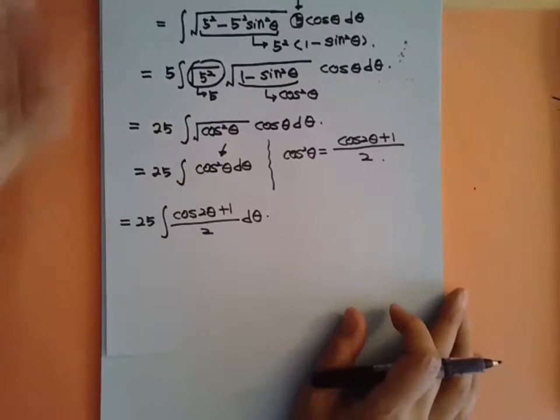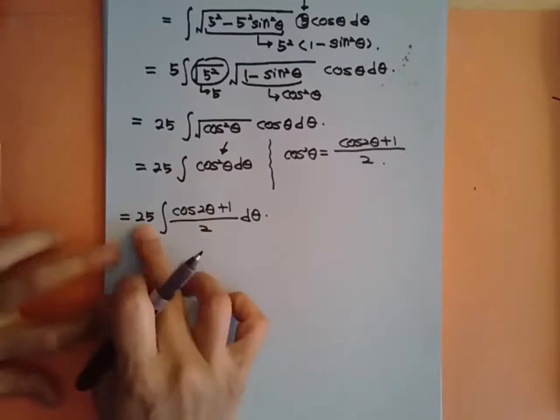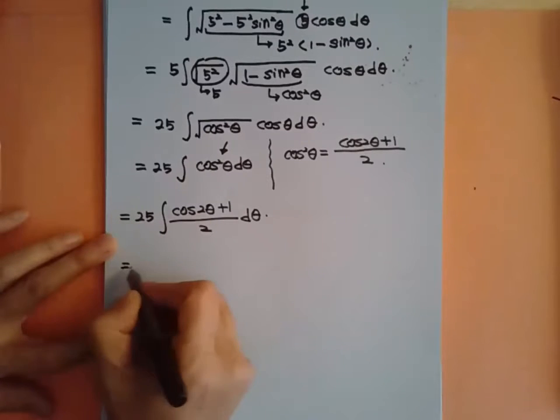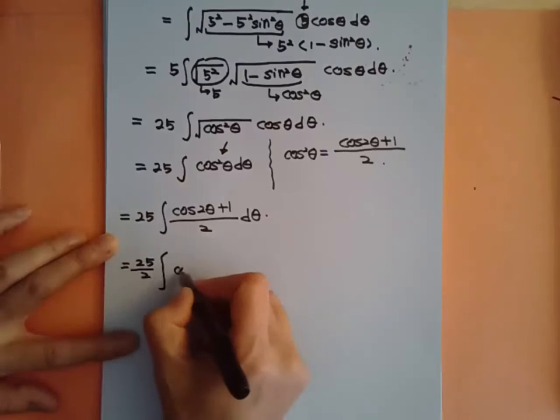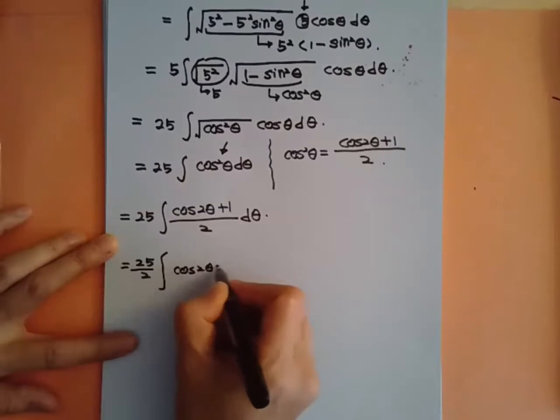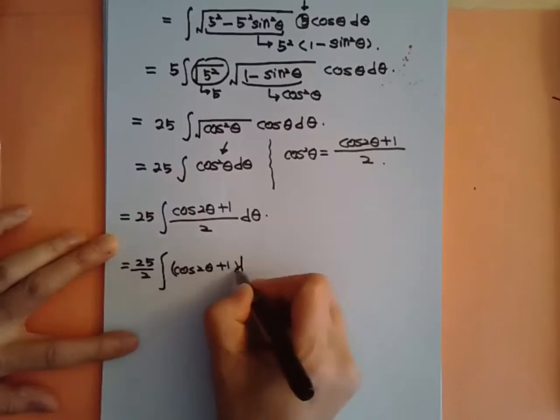We will put 2 in front of integration. Then that becomes 25 over 2 integration cosine of 2 theta plus 1 d theta.